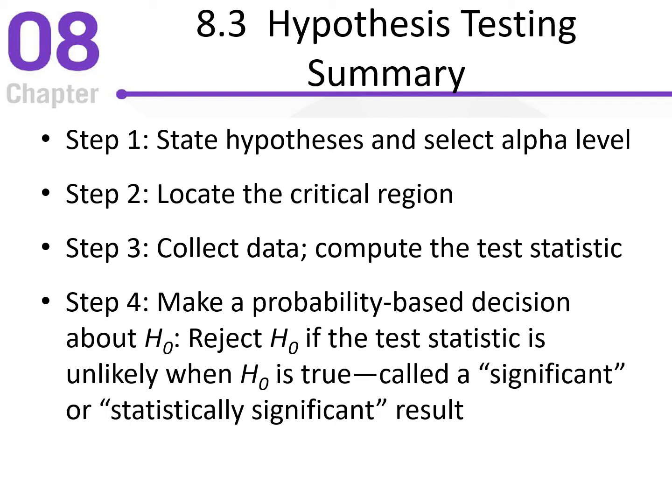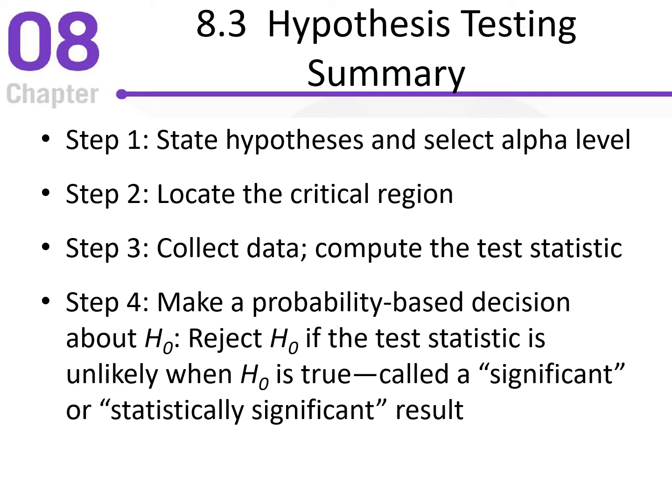So to summarize hypothesis testing, we state our hypothesis, we select the alpha level, we find our critical region or critical values of Z, or whatever the test statistic is. We then collect data, we compute the test statistic, which in this case is Z. And then based on where Z is relative to the critical values, we determine if we should reject or fail to reject the null hypothesis.